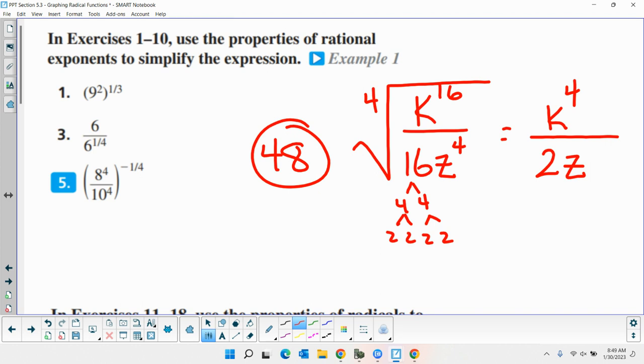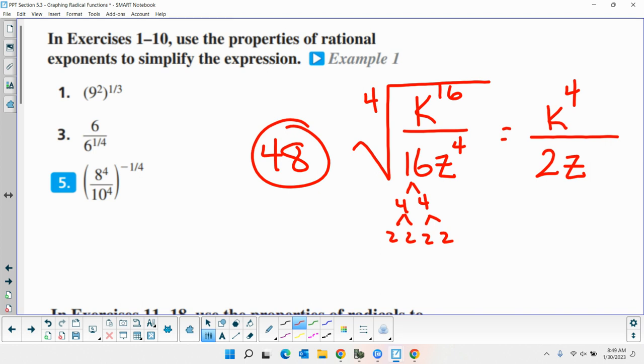Okay, then we started at which one? 60? 56. Oh, 56. Okay, thanks. 56 was 5R S cubed T squared times the cube root of RT.